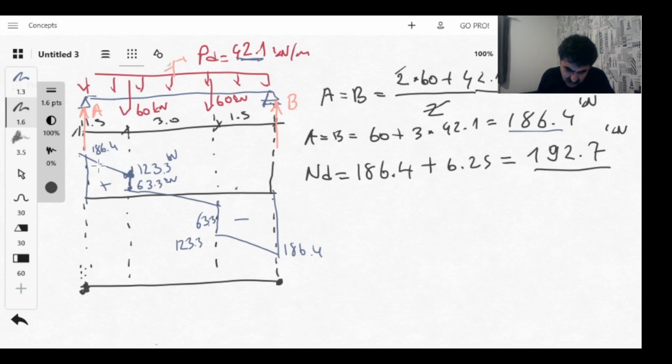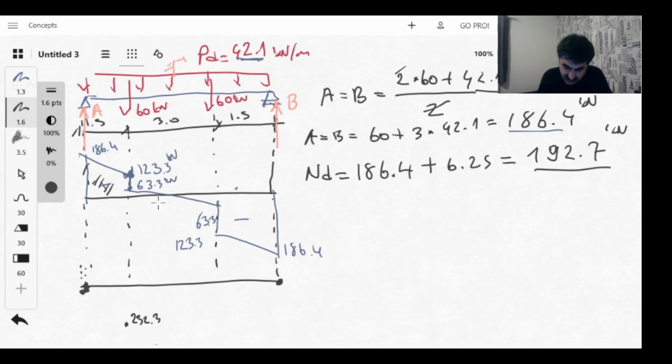And then if I calculate this area, the trapezoid area, 186.4 plus 123.3 divided by 2 multiplied by 1.5, then I will get a moment value like this, 232.3 kilonewton meters.